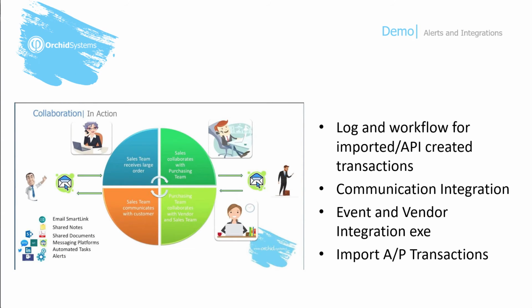We've seen a few examples of how Extender can help us with alerts and communication integrations. We can log when a dedicated user or when special transactions are imported or created by an API. We can start the workflow. We've seen an example when the user was web store, but similar things can happen if transactions are created by the Sage CRM integration, for example.